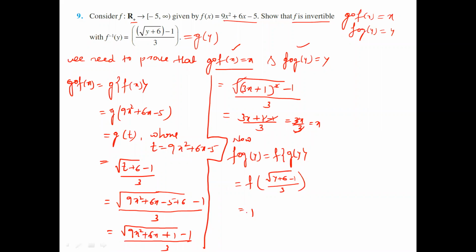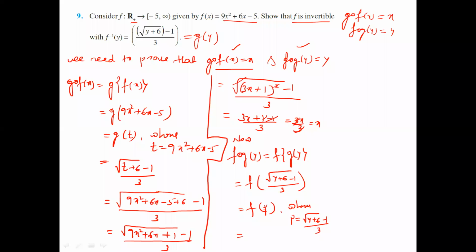Now, already I told that this entire value will be replaced by p, where p equal to root of y plus 6 minus 1 divided by 3. Means this entire quantity will be replaced by p.